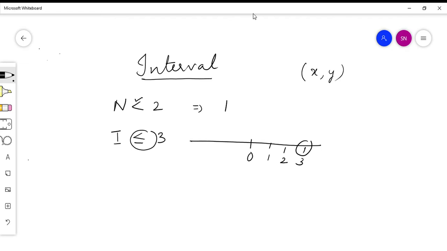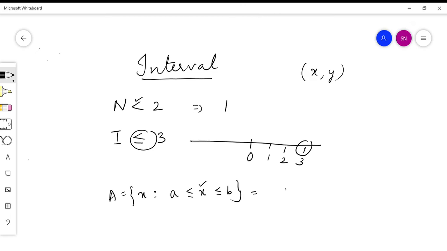So for example, if I have set A equal to the set of all x such that a is less than or equal to x, less than or equal to b, please be very careful here. The value of x lies in the range a less than or equal to x, less than or equal to b. So in this case, what will be my interval?